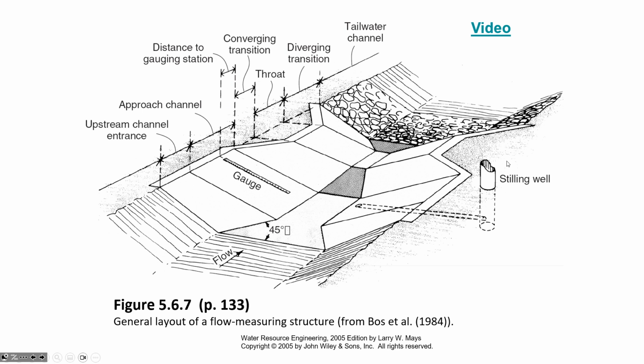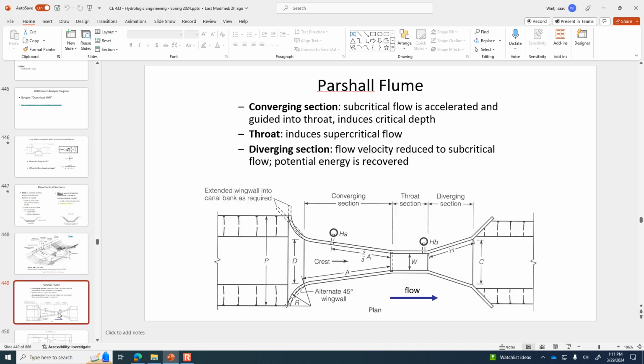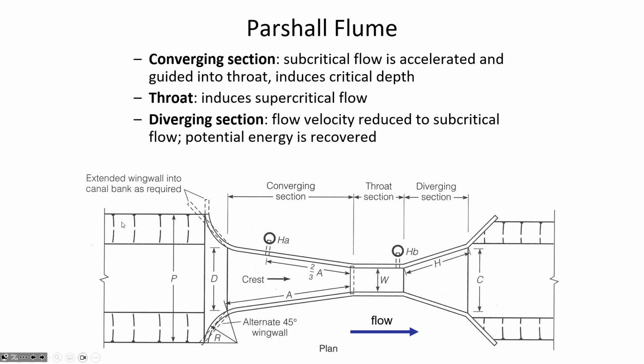So here you can see a side view of what a Parshall flume looks like. Here's a top view, and the main components you need to be aware of: in the converging section, the fluid is accelerating. That acceleration continues in the throat, where the throat has a pretty steep downward slope that forces critical flow conditions.